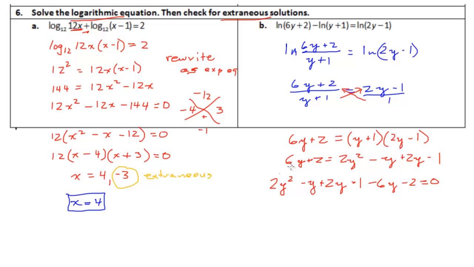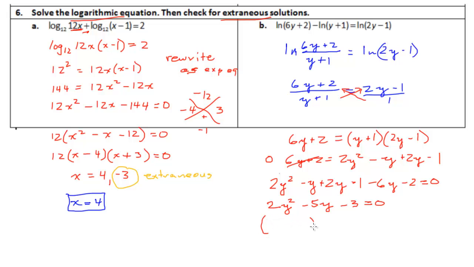Basically, I'm subtracting all of this stuff off from the left and over here to the right. Just feel comfortable with everything on the left. So I've got 2y squared. Now, minus y plus 2y is y. y minus 6y, that's minus 5y. And then I have minus 1 minus 2, so that's minus 3 equals 0.